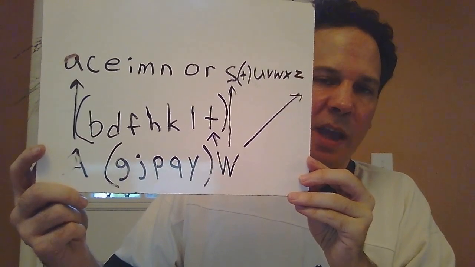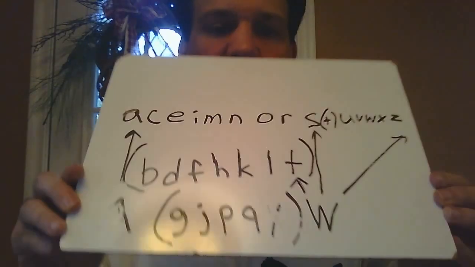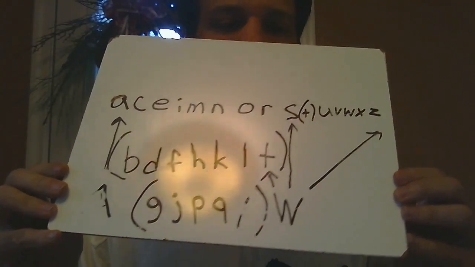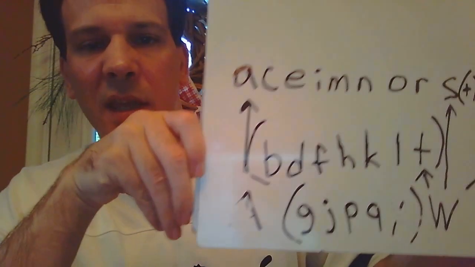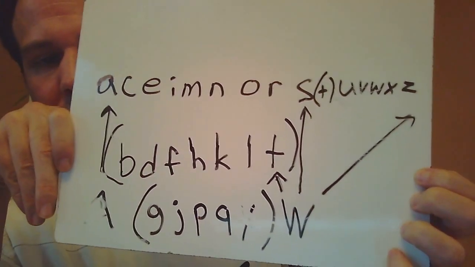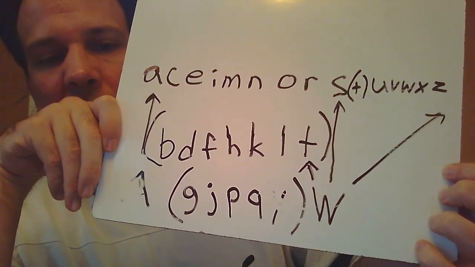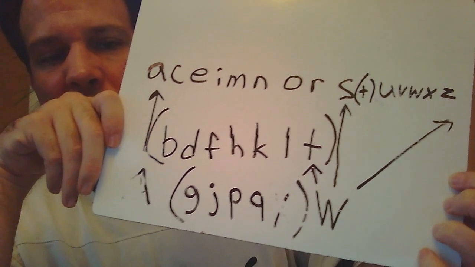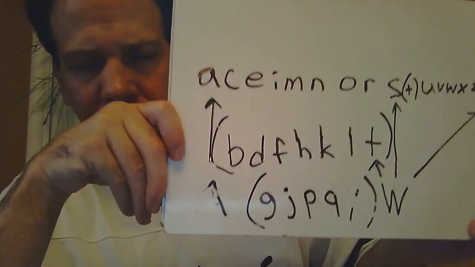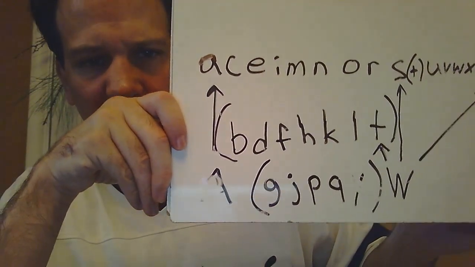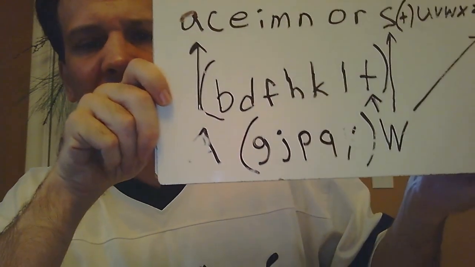I erased the A with my finger there. Now let me show you one thing too. Juxtaposed with these letters, like A is the first letter. Juxtaposed with A is invisible 1. Juxtaposed with B is invisible 2. See how B cups the top of the, imagine a 2 there. Well, I'll write it in.